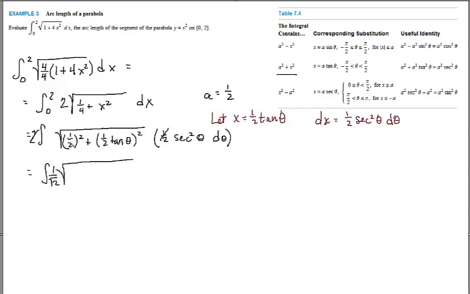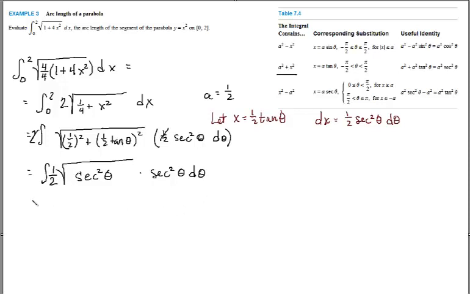That's going to be 1 plus tangent squared, which is then just secant squared theta times secant squared theta d theta. The square root of the secant squared is just a secant, so I'm going to get a secant cubed. I'll write that down. Alright, I had to change this to a 1/4, and when it comes out it is a 2. Good grief. Alright, I think I have that now.